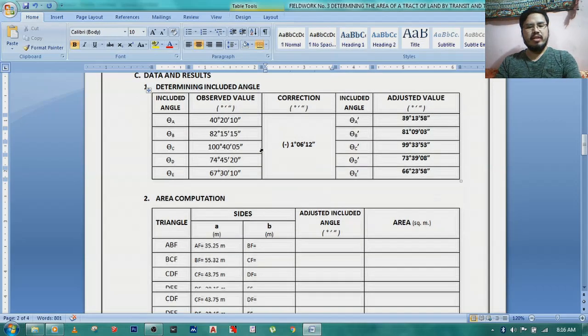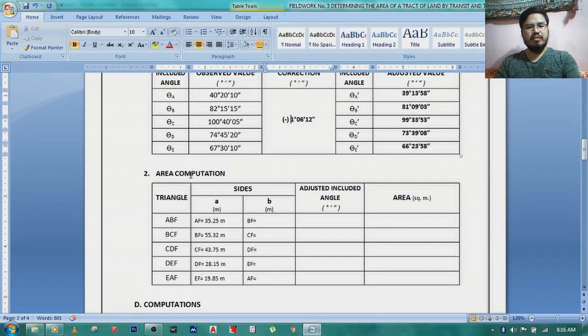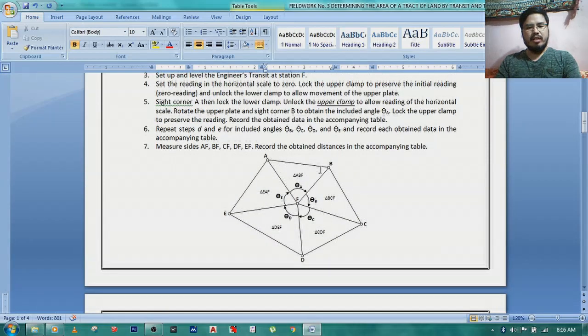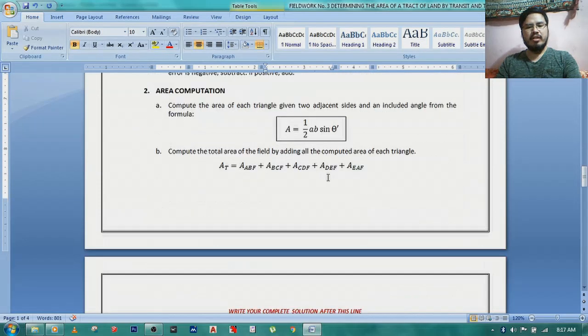Next, we are now ready to compute the area. As I said, our lot is divided into a series of triangles with their included angles, theta A, B, C, D, and E. There's a purpose why we measured the lengths of AF, BF, CF, DF, and EF, because of this principle.